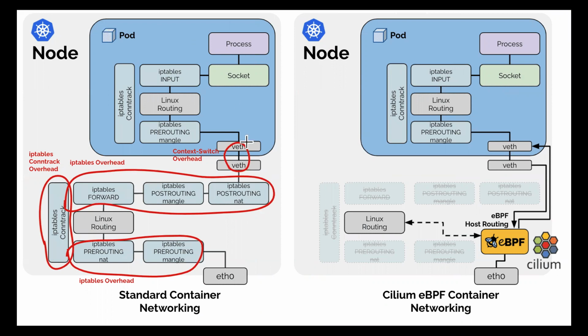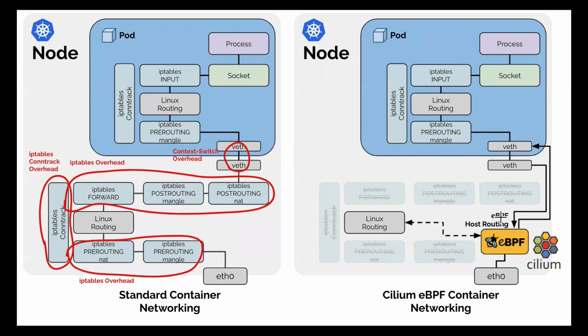The left diagram is the standard container networking, and in the host namespace here, there is IP tables processing for the packet, and also in the container, the pod namespace, there's also IP table processing. So that's typical network processing for container and for the host namespace.